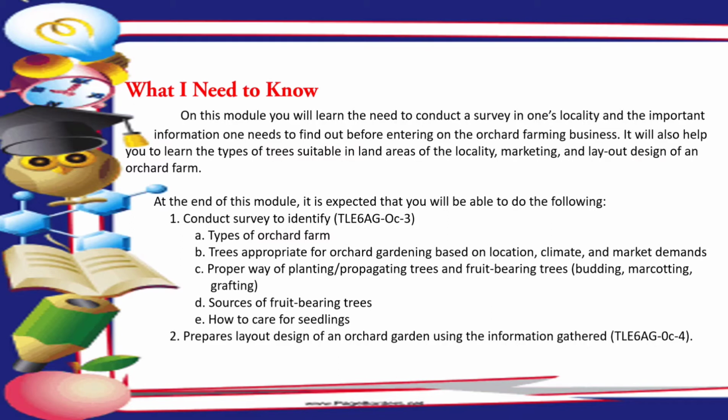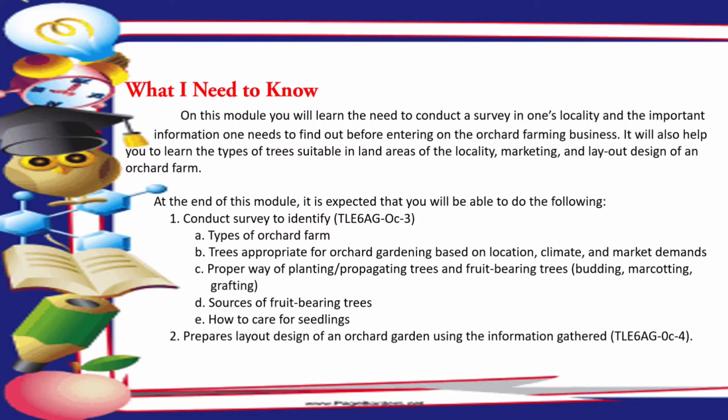At the end of this module, it is expected that you will be able to do the following. 1. Conduct a survey to identify: A. Types of orchard farm. B. Trees appropriate for orchard gardening based on location, climate, and market demands.